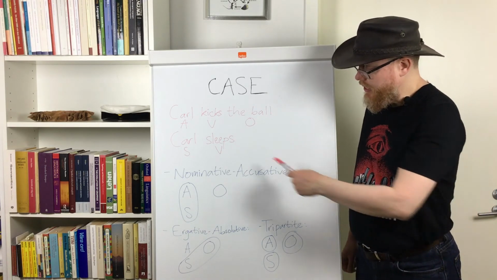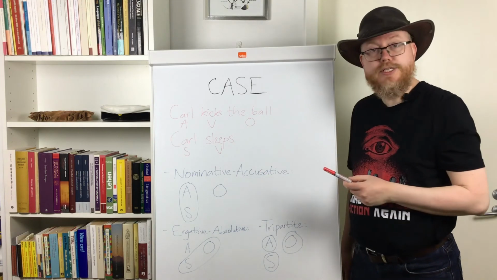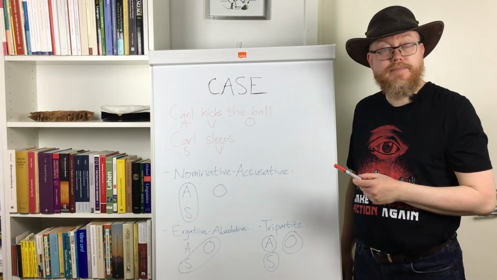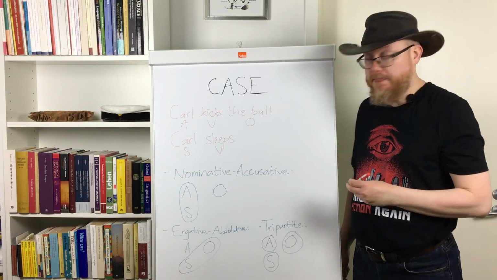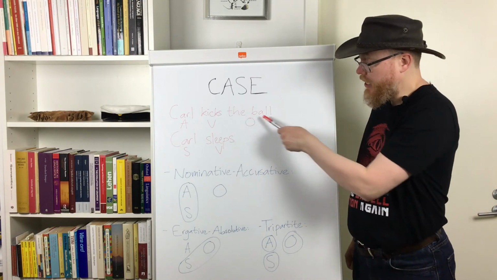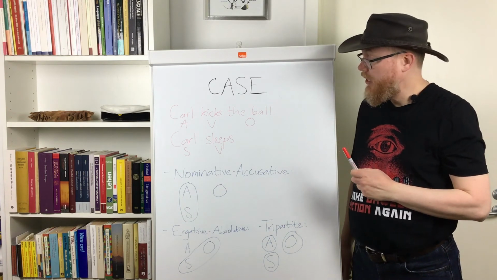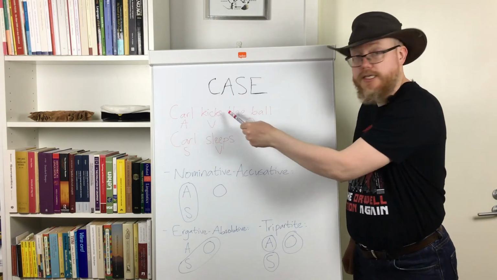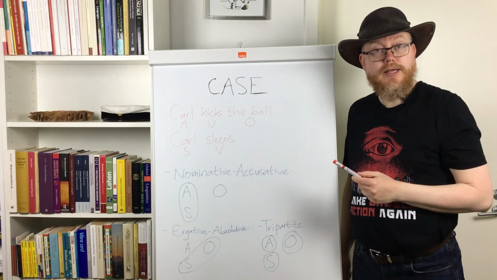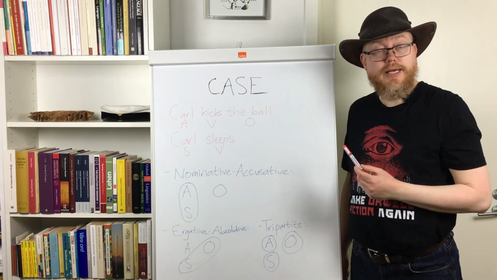In these two case systems, there is usually also a dative case, which is used for indirect objects. This is the direct object. It is influenced or affected directly by the action described by the verb. The indirect object is affected more indirectly.